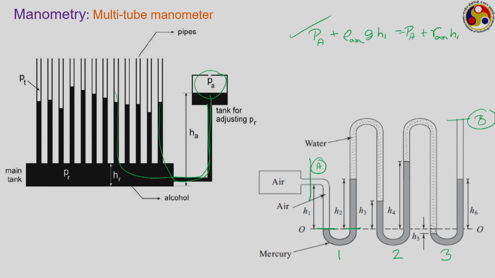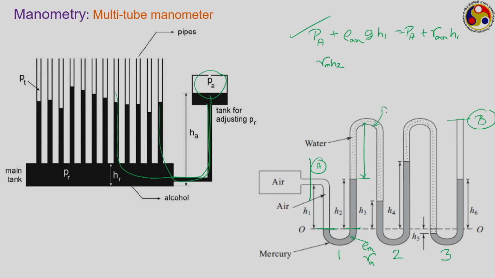However, how much is the value of this? If this is your manometric fluid having a density of rho m, or gamma m as rho m into g, then we have a column of height H2 of this manometric fluid, with pressure corresponding to gamma m into H2, and then we have another liquid column of this height.